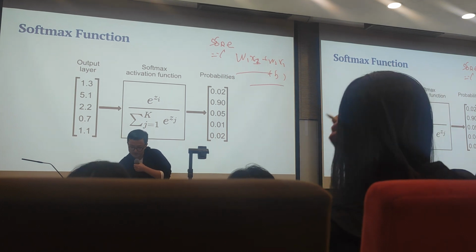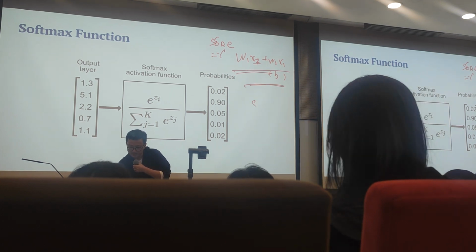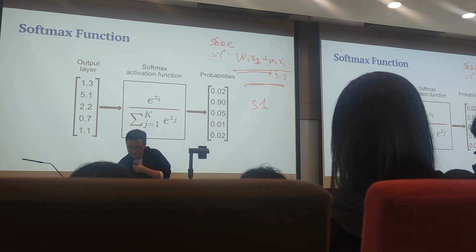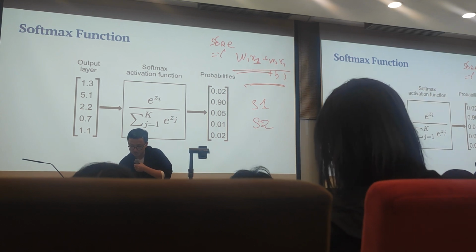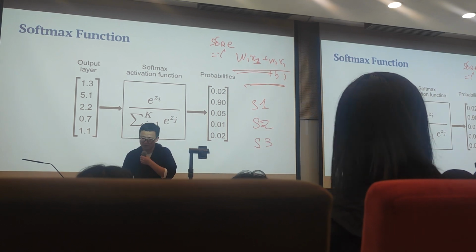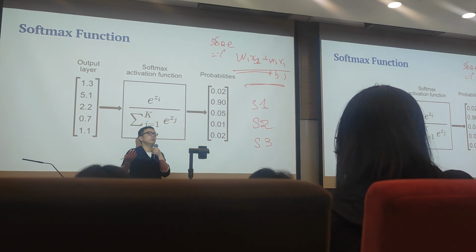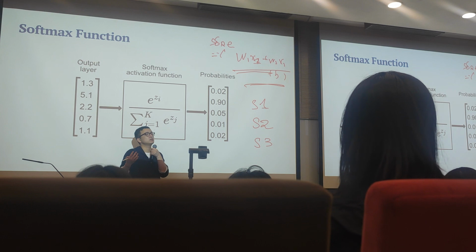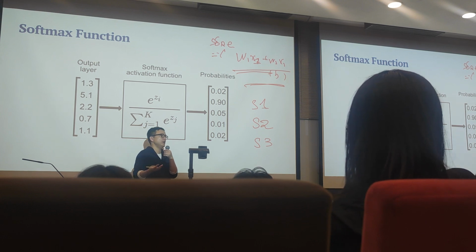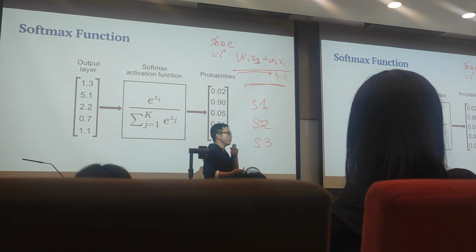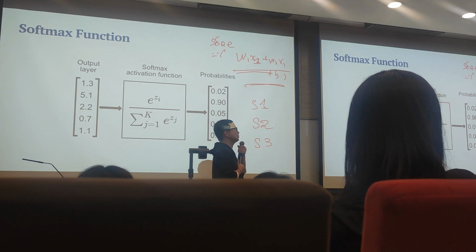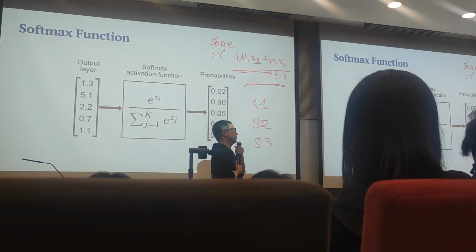But if I have a score for class 1, say score 1, and a score for class 2, say score 2, and a score for class 3, say score 3, then we need to output a probability based on these scores, right? So say for class 1, the score is like 100. For class 2, the score is like 50. For class 3, the score is like minus 50, something like that, right?